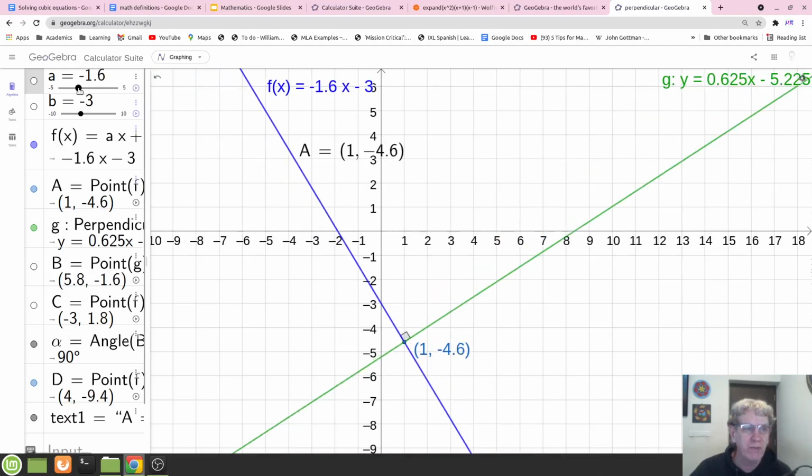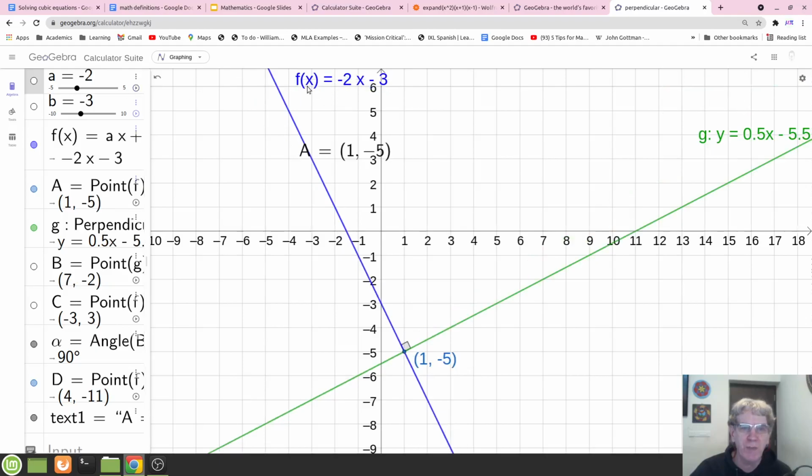If I make it more steep, f of x equals negative 2x minus 3, then the blue line is steeply decreasing. It's decreasing rapidly, whereas the green line is increasing more gradually.